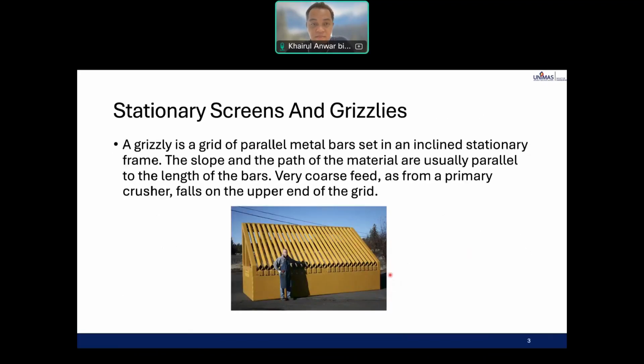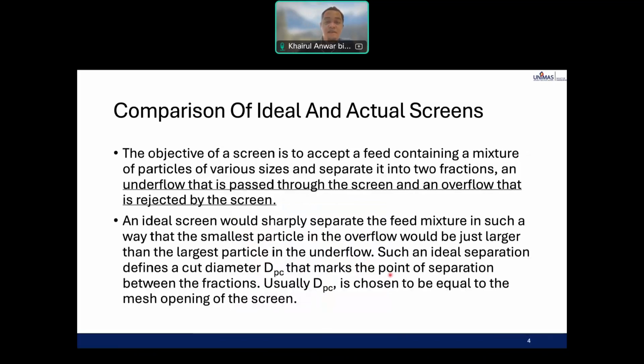Then we have a comparison of ideal and actual screens. The objective of the screen is to accept a feed containing a mixture of particles of various sizes and separate it into two fractions: an underflow that is passed through the screen and an overflow that is rejected by the screen.